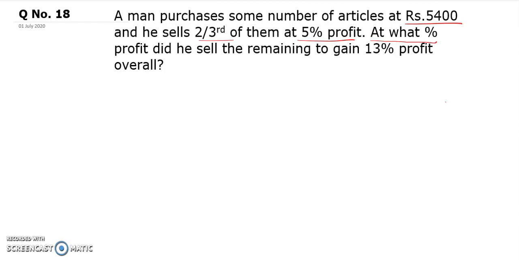Let's try to solve this question with the second method. Whenever we are comparing something, we don't need the real values, we will ignore them. Here this is 5400. This is the real value, but in the question we are comparing things and we need to find out at what percent profit he sold the remaining to gain 13% profit overall. Please remember, I have explained this concept in the percentage chapter.